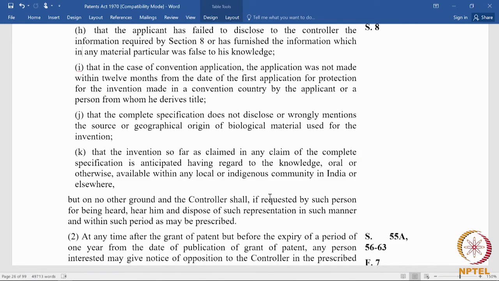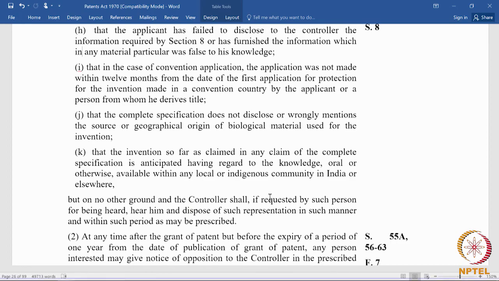So, if the pre-grant opposition is rejected, it results in the grant. So, three things that the controller can do: he can accept the opposition and reject the patent, he can ask the applicant to amend based on the objections, and if the amendments are made to his satisfaction, he may grant, or he can directly grant if the objections raised in the opposition are not substantive.